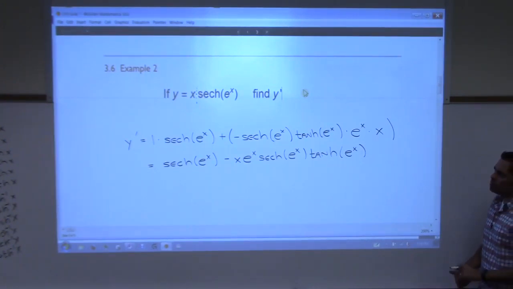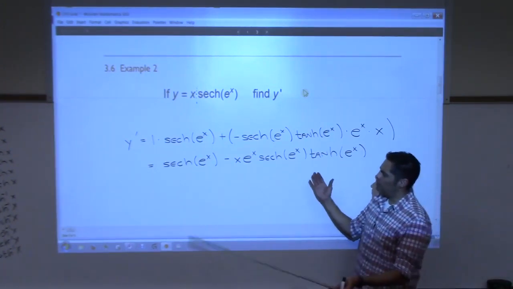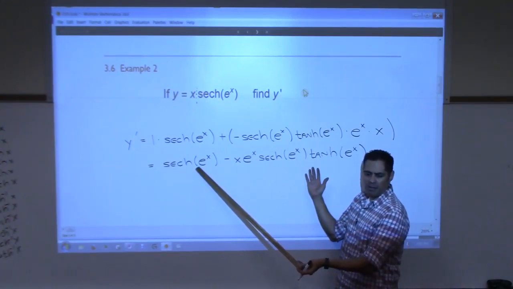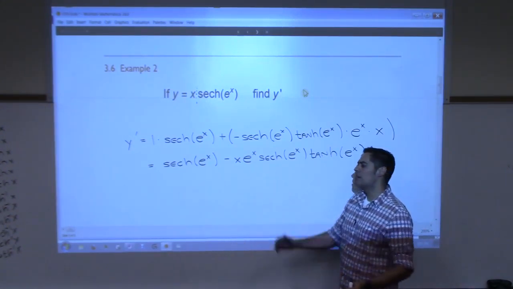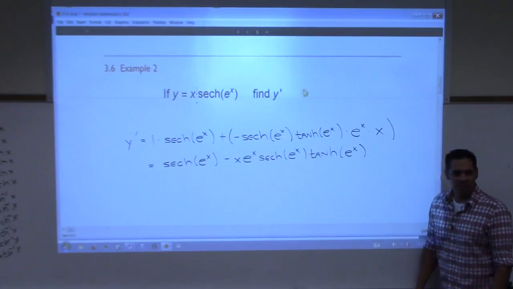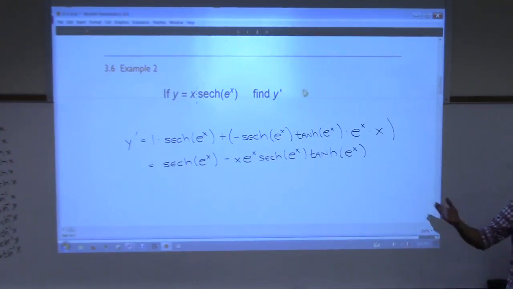I could go one more step if I wanted to. I could notice that both of these terms have a secant hyperbolic e to the x, and I could factor it out. But that really wouldn't get you any more headway than this right here. We're not setting it equal to 0 right now, so I would be satisfied with that. Good? Okay.